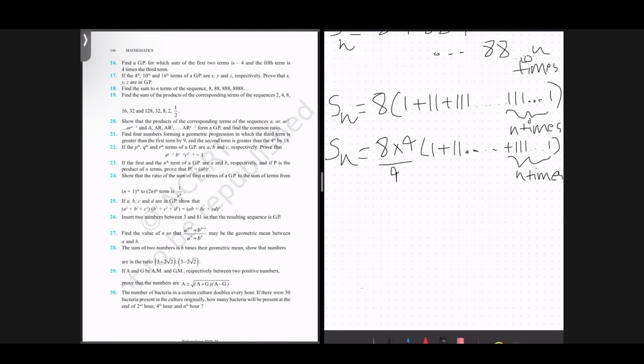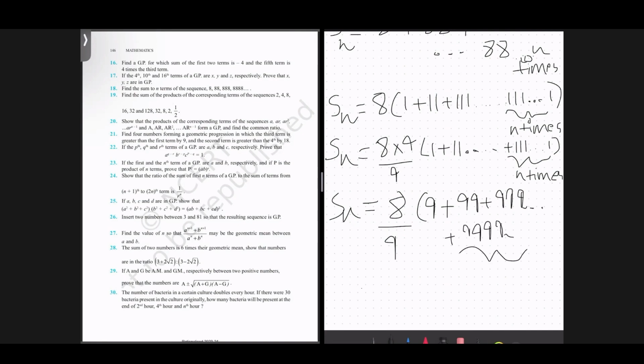So I'll multiply 1 with 9, I'll then multiply 11 with 9, and so on and so forth. And when I do that, what I'm going to be left with is Sn equating to 8 upon 9. Now in the brackets, I have something like 9 plus 99 plus 999, and so on and so forth, right? The last term that I'm going to have is 9 n times, correct? That is what I'm going to have.